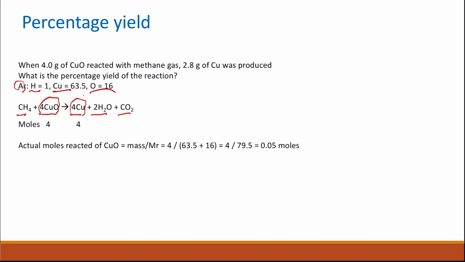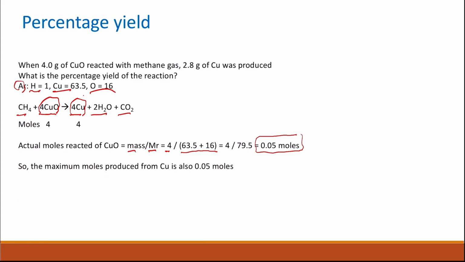To find the number of moles, we simply divide mass by the formula mass. So 4 divided by the formula mass of copper oxide, which is 79.5, that will give you 0.05 moles. So 0.05 moles of copper oxide were actually used in this reaction.